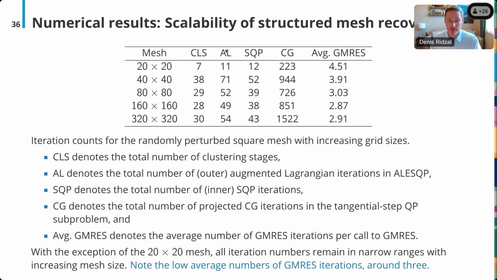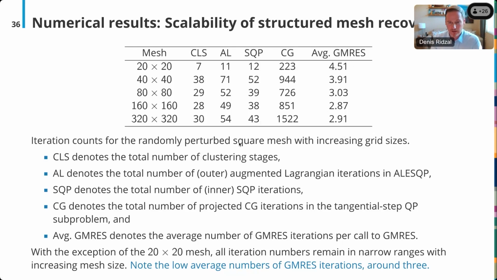AL is the total number of augmented Lagrangian iterations. SQP is the total number of SQP iterations. And then CG is the number of projected conjugate gradient iterations that mark the tangential step computation, which is the key computational kernel in SQP. And then here in the last column, I have the average number of GMRes iterations per call to GMRes.